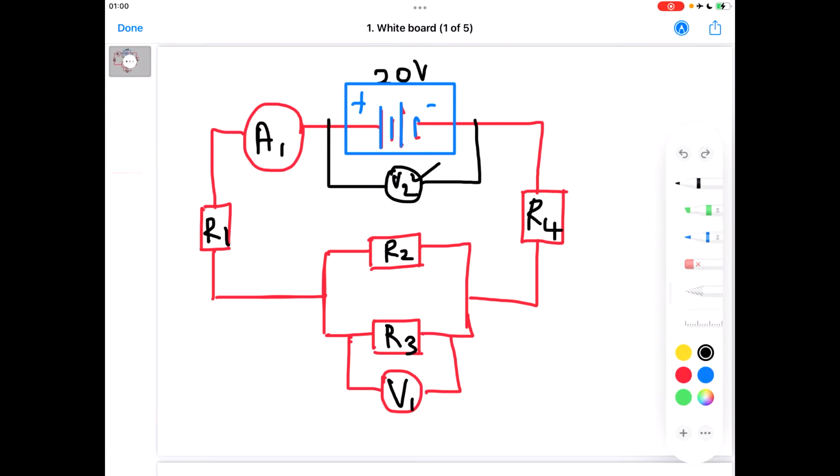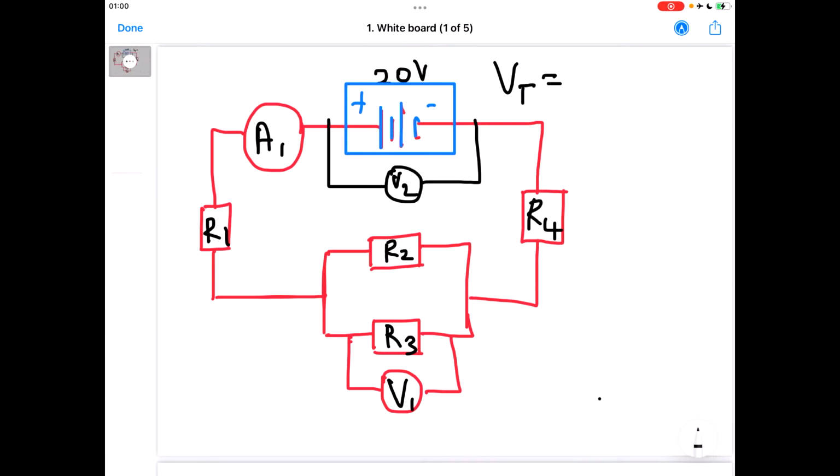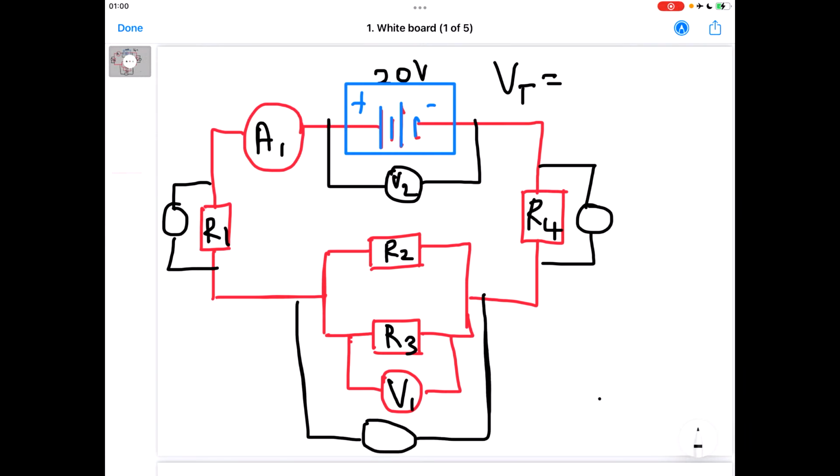In this case, you're going to say the V total is therefore going to be the V of, let's say, the microwave, that you need to plus with the V of the fridge, that you need to also plus with the V of that parallel connection. So that means the V of R1 plus the V of R4 plus the V of parallel.